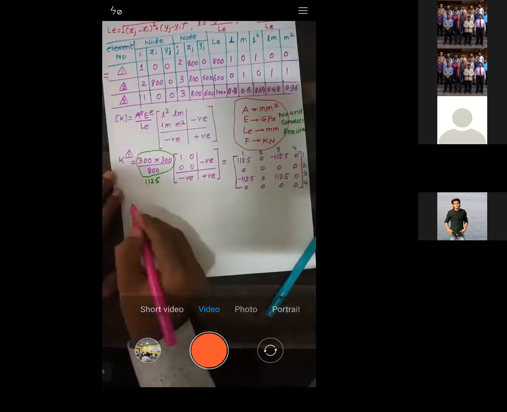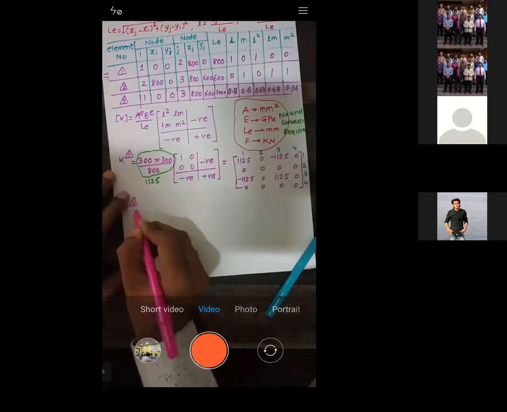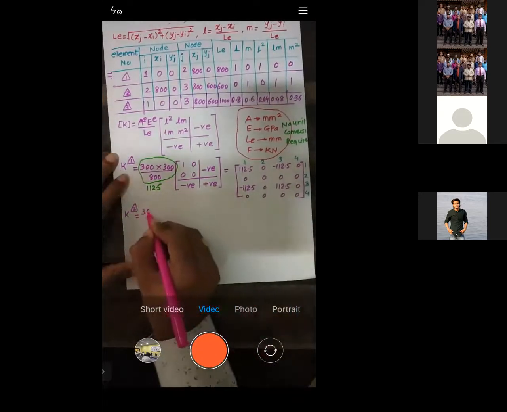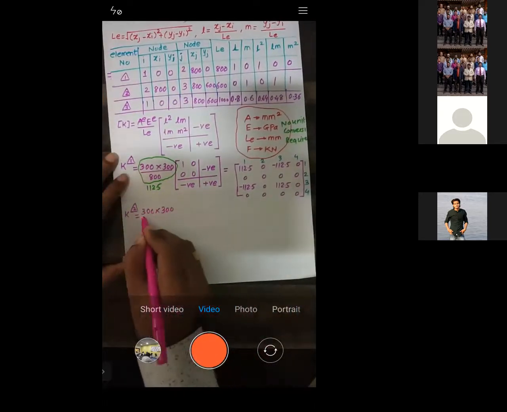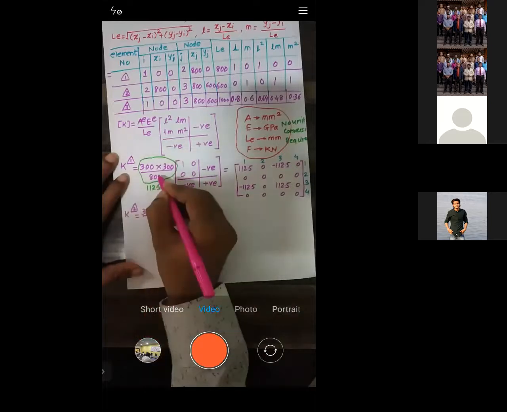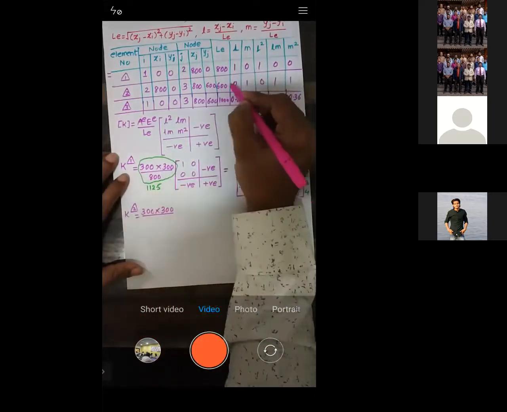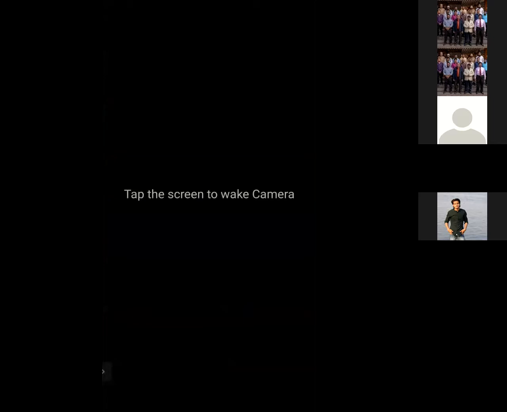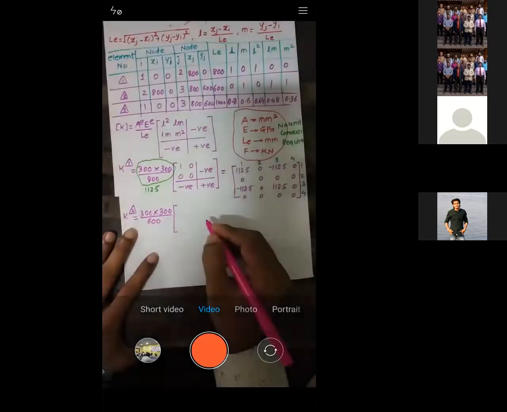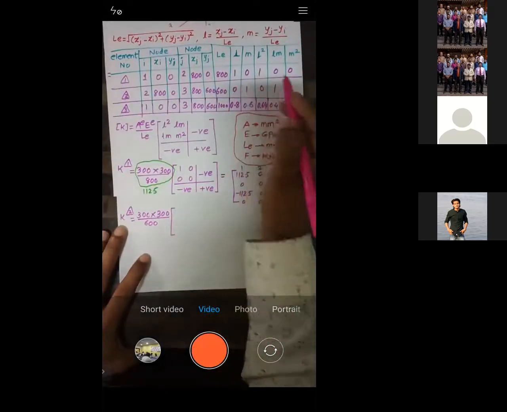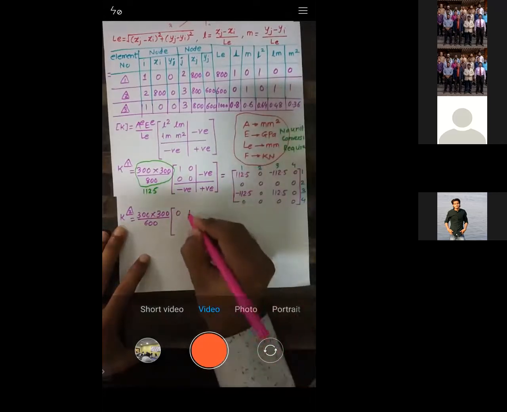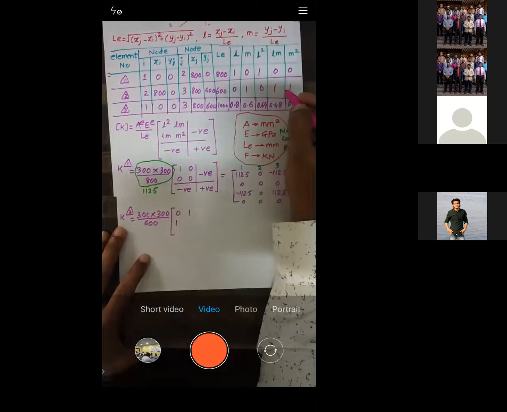Now let's calculate the same matrix for element number 2. The area is the same and E is the same. The length of element number 2 is 600, so 600 into what? L square is 0, LM is 0, and M square is 1.